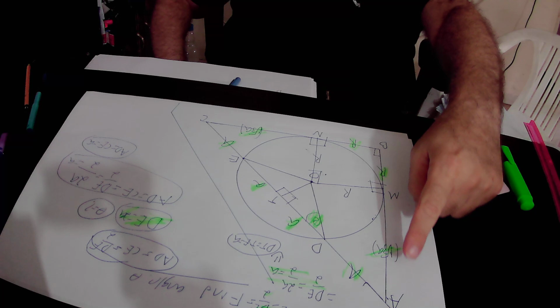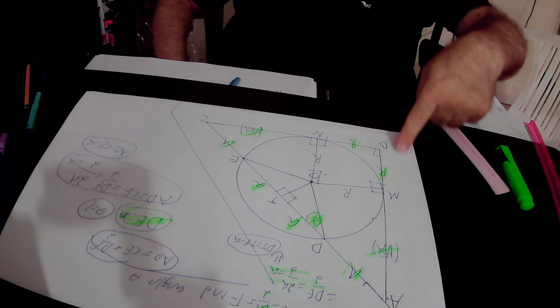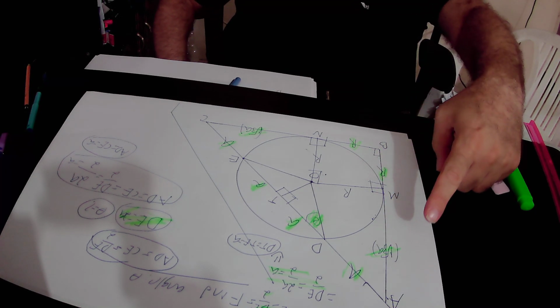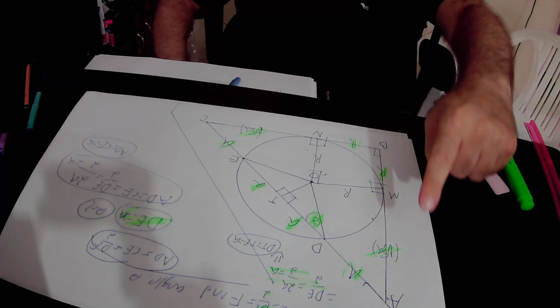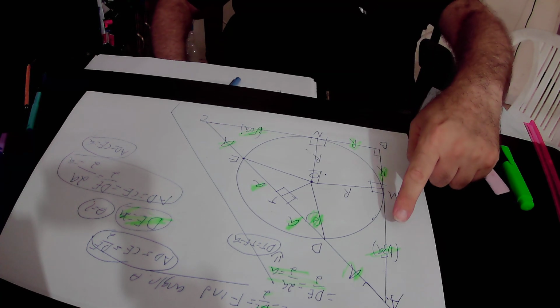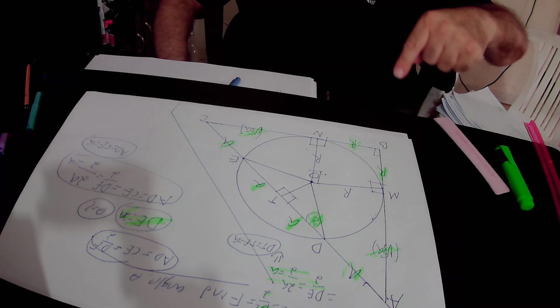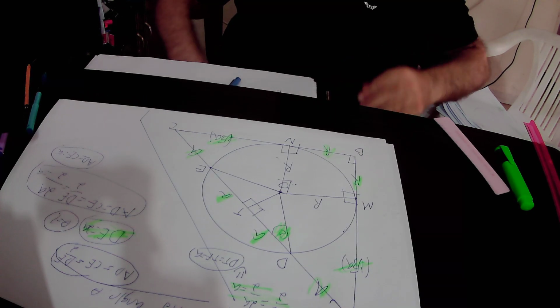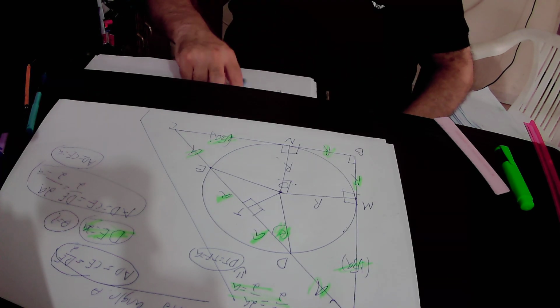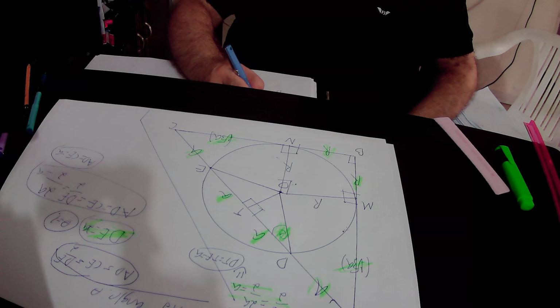So what is the length of side AB? It is very easy to see from the drawing that the length of side AB equals square root of 3 times A plus R. Again, the length of side AB is square root of 3 times A plus R.